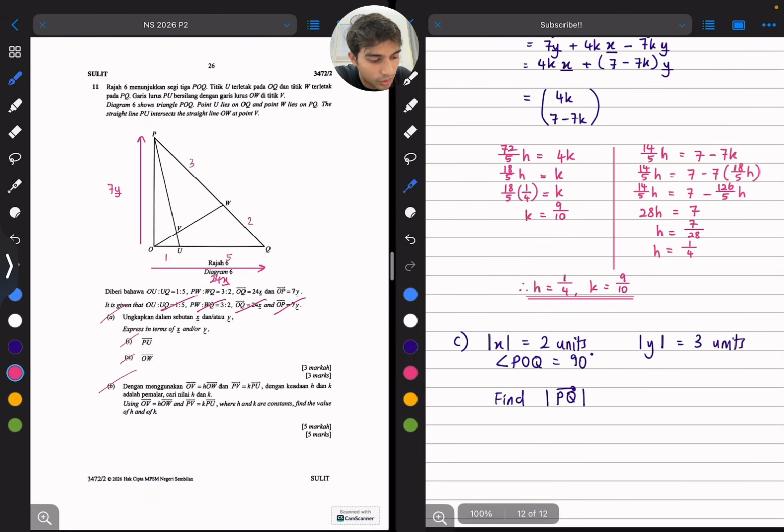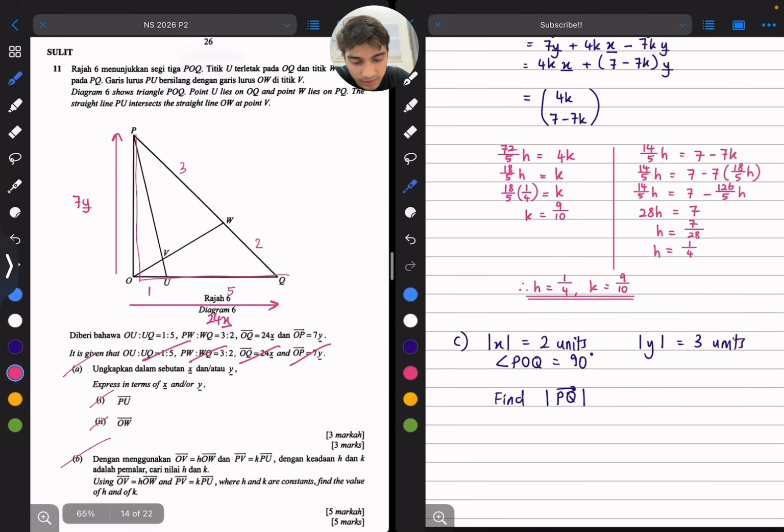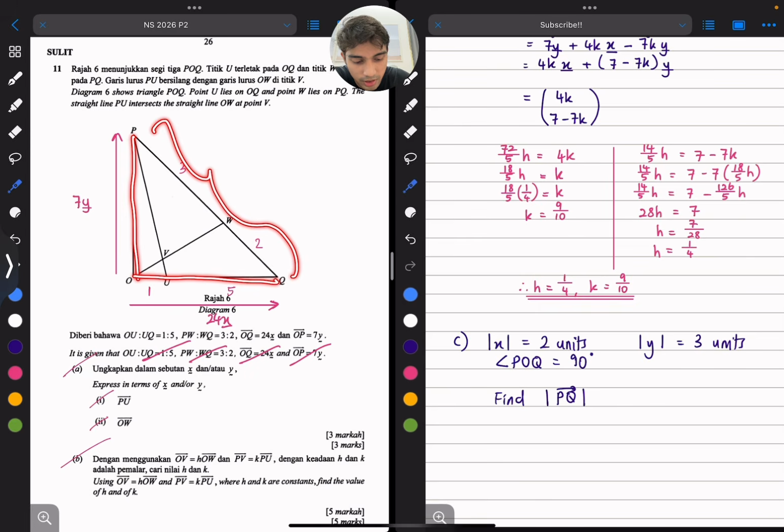So they said the magnitude of x is 2 units, magnitude of y is 3 units, and angle POQ is 90. So this is a right angle triangle, here 90. Find the magnitude of PQ. Here we can just use Pythagoras theorem. So x is 2 units means this is 24 times 2.